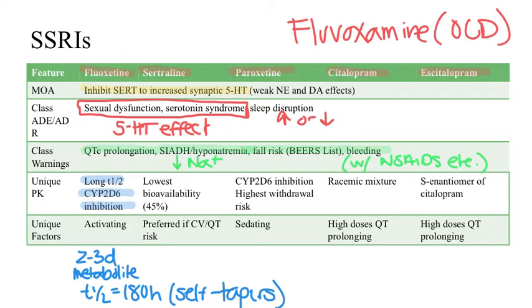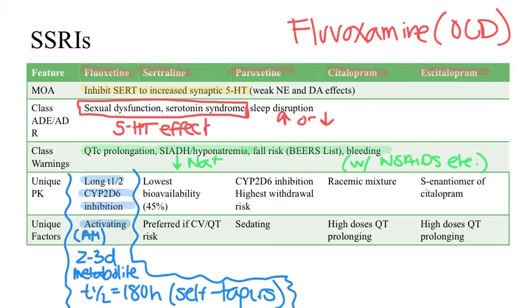In general, fluoxetine is activating. It's structurally similar to many of the amphetamines, and this is what causes it to be CNS activating. Therefore, it should be taken in the morning and definitely not taken at night because of the CNS stimulation.